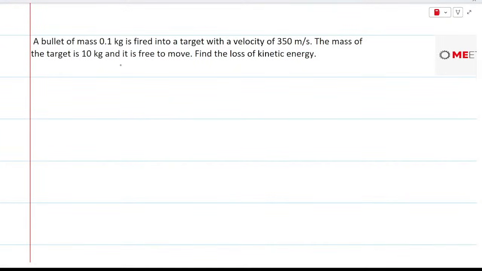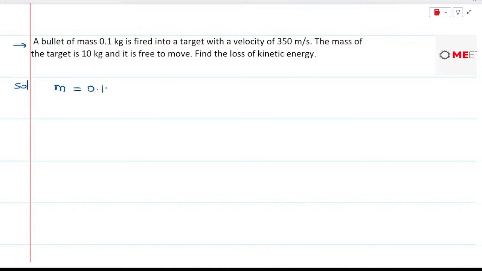A bullet of mass 0.1 kg is fired into the target with a velocity of 350 meter per second. Mass of the target is 10 kg and it is free to move. Find the loss in kinetic energy. So here in the question, we can make use of the concept called conservation of momentum.